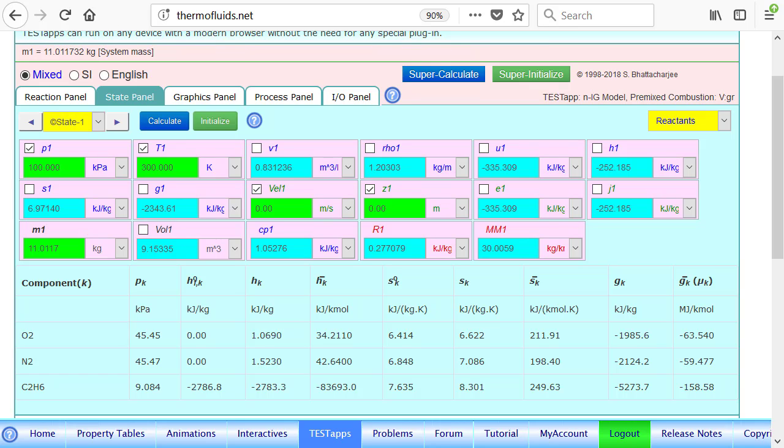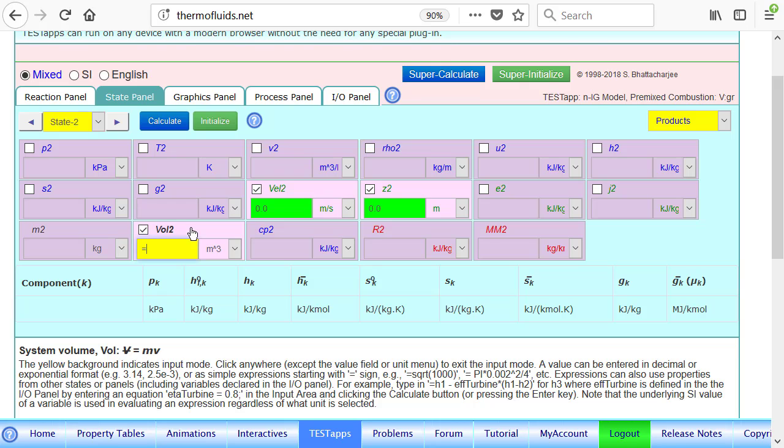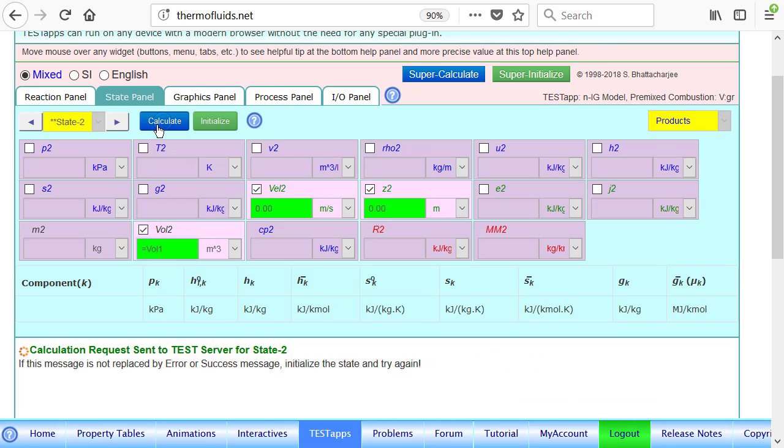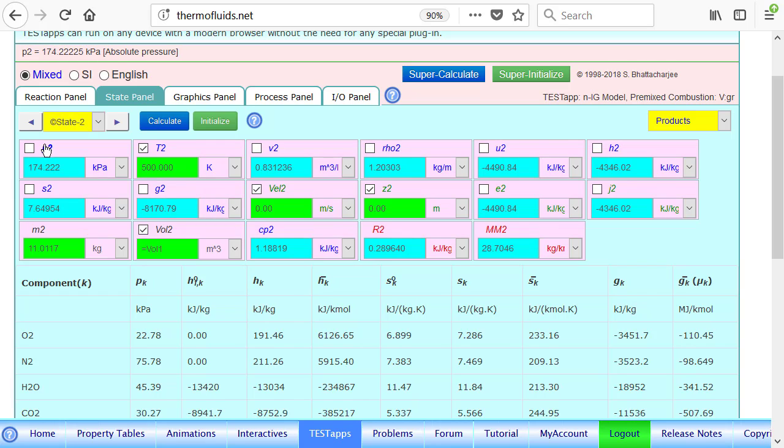This will be the total volume, obviously, of both tanks. For the second state, the product state, we know that the volume is going to be the same because these are rigid tanks. Volume 1 means here the two volumes together. We know the final temperature to be 500 Kelvin in this case. So the final pressure is found.